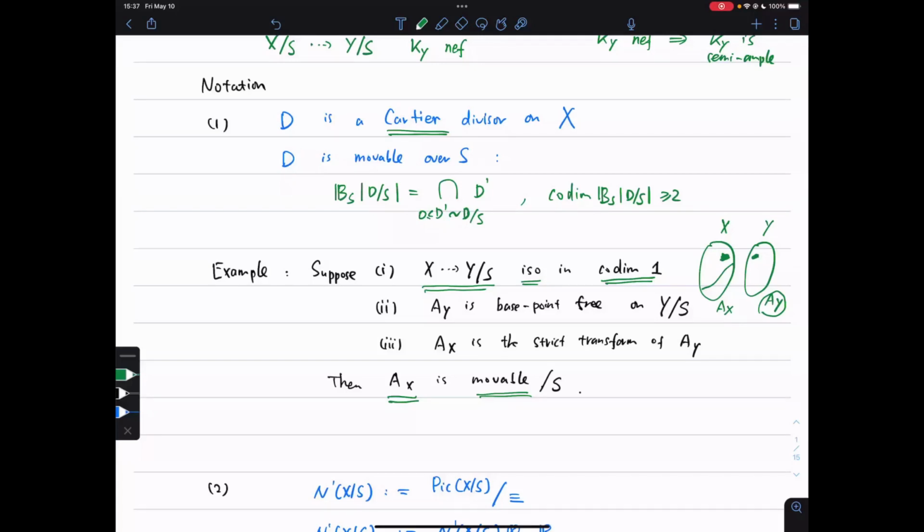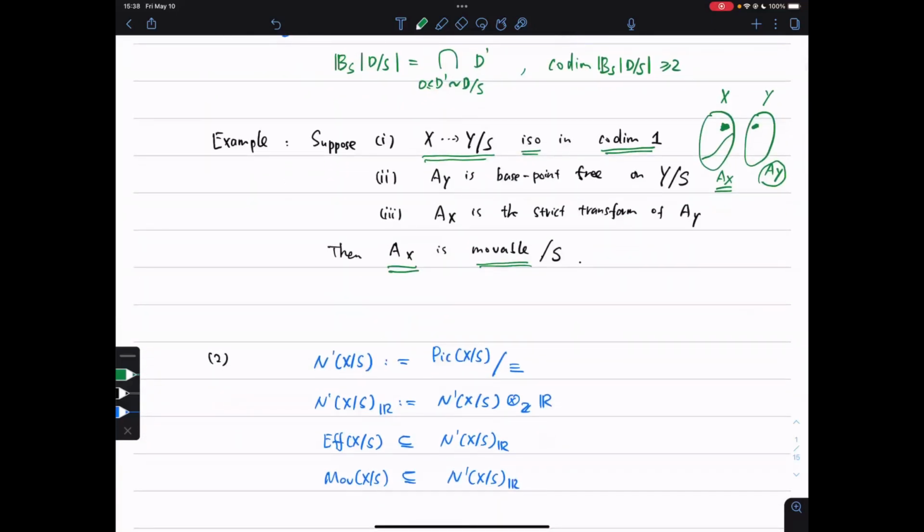So in total, it's movable on the variety X. The same argument applies if you replace A_Y by a movable divisor. If two varieties are isomorphic in codimension 1, then the strict transform is still movable. So this is a simple fact. It turns out that the minimal model program for Calabi-Yau varieties will tell you this is the only way you can get movable divisors.